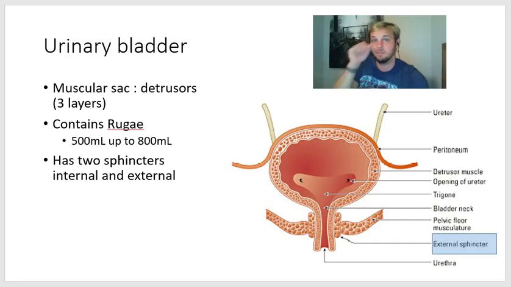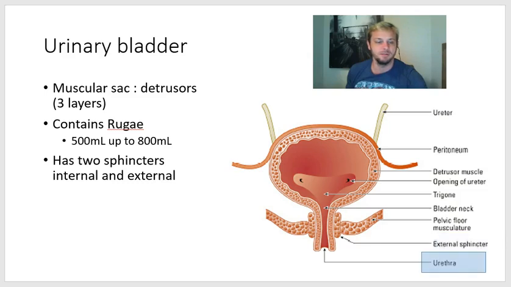Then you come down. The bladder has 2 sphincters, an internal and an external. Internal sphincter is going to be smooth muscle. External sphincter is skeletal muscle, so this is the one that is controlling everything. And then you have your urethra.